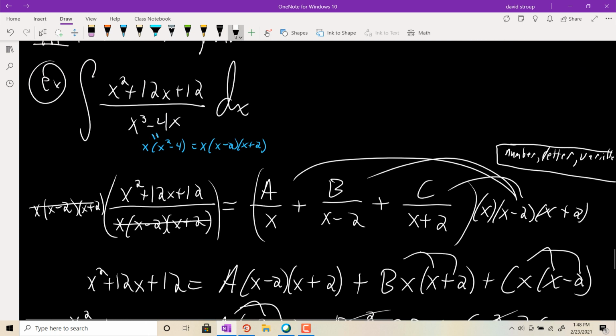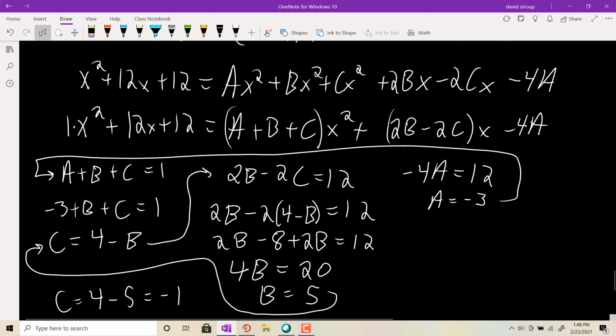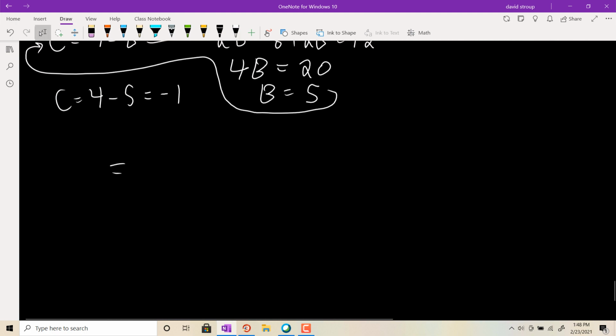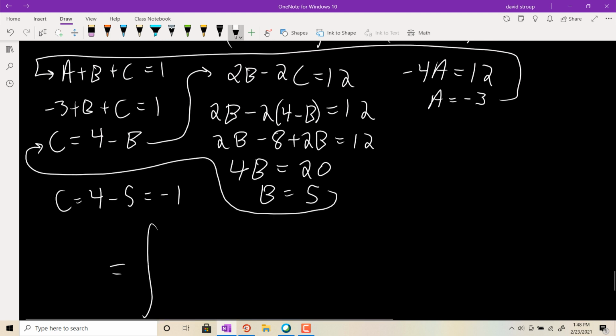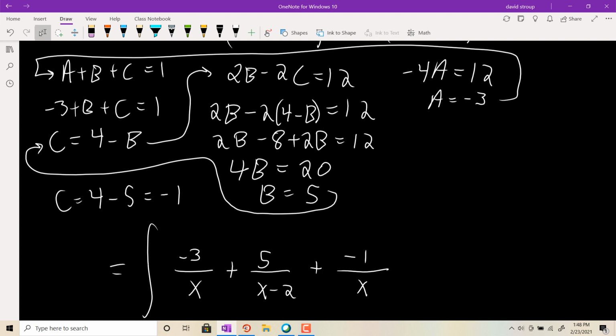So this is all just scratch work, everything I just did. And now it allows me to rewrite my integral as a over x, negative 3 over x, plus b over x minus 2, and then plus c all over x plus 2, dx.